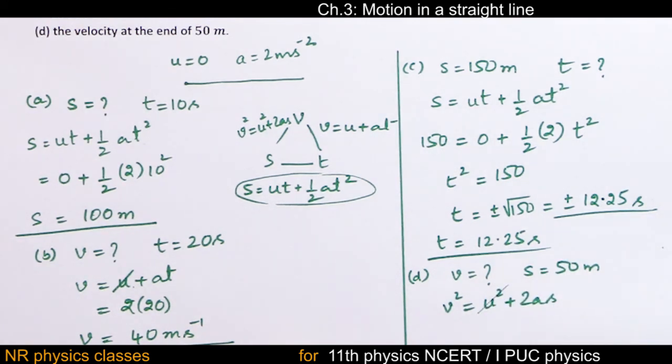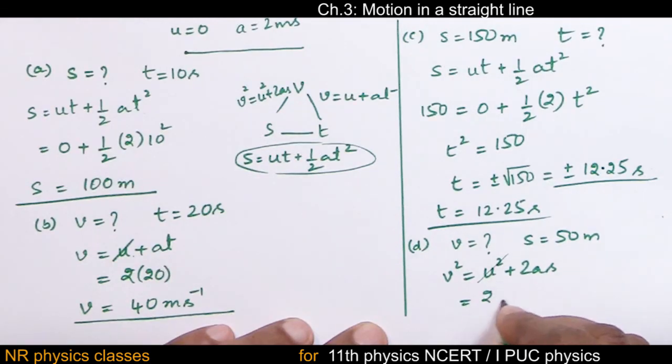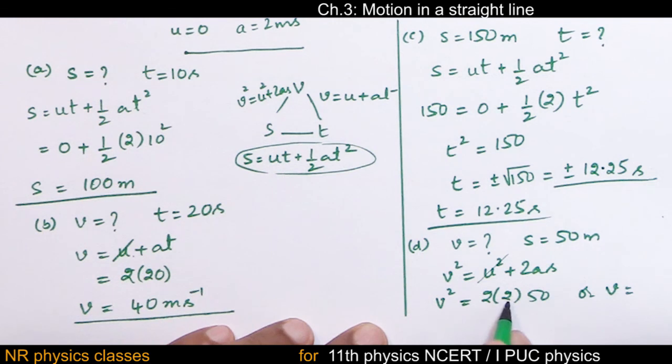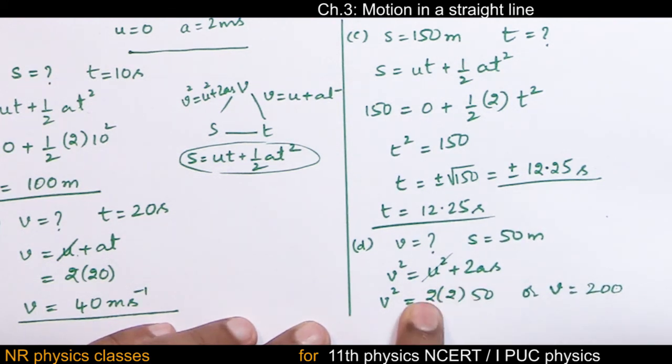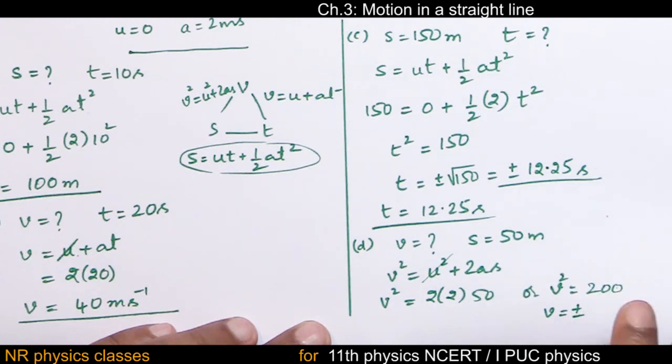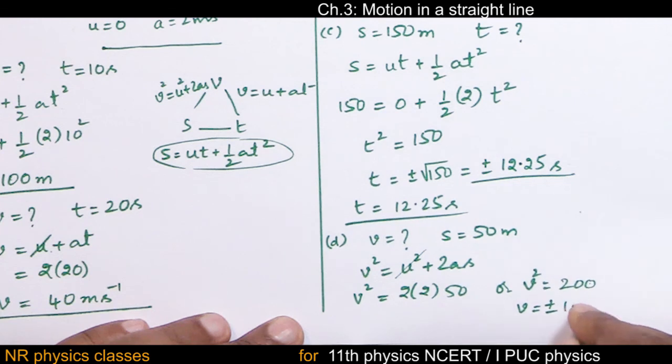Initial velocity is 0, acceleration is 2, displacement is 50. 50 into 2 is 100, 100 into 2 is 200. So v square equals 200, or v equals plus or minus root of 200, which is 100 into 2, 10 root 2 meter per second. Final velocity.